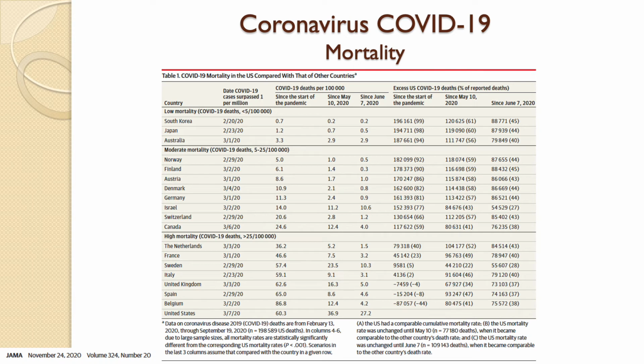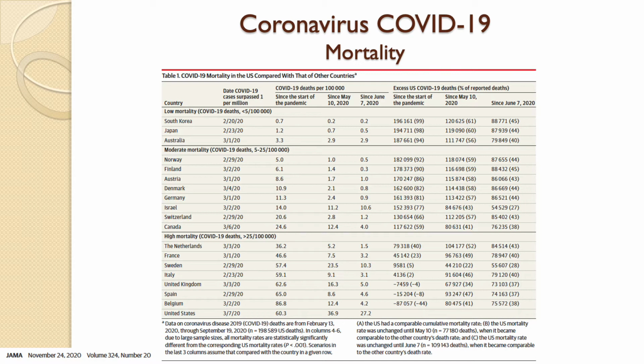This was published in November in the JAMA, where you can see the COVID-19 mortality in several countries. In the upper part of the table you can see the countries with the low mortality, like South Korea, Japan and Australia.